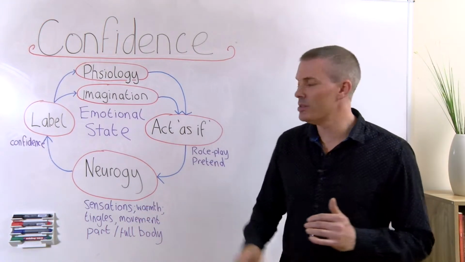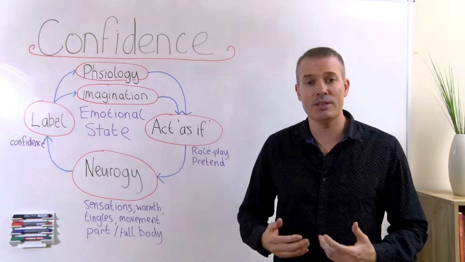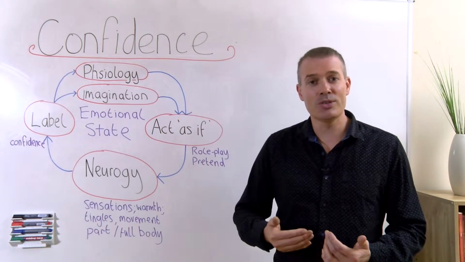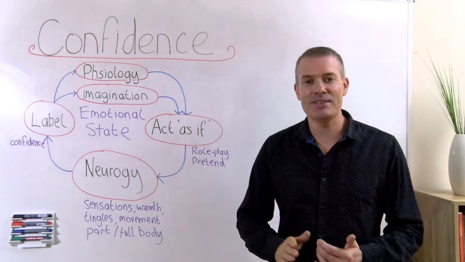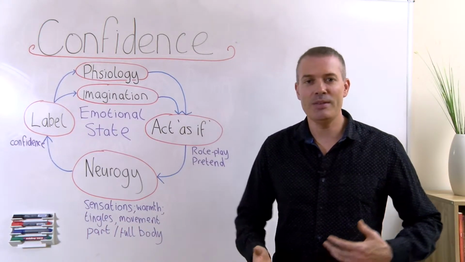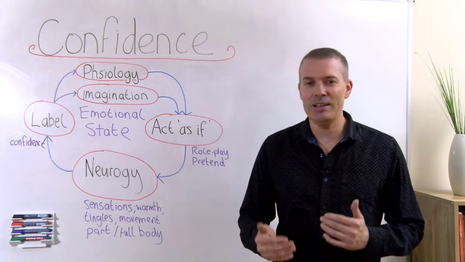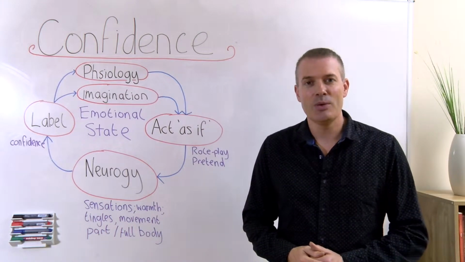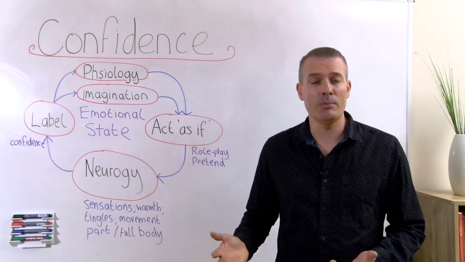But I think the key thing is the more that you deliberately use your imagination and your physiology to create these feelings of confidence, generally the brain starts to learn and it goes, oh, that's pleasant, I like that, that's useful, and it tends to move towards it. The brain, the mind, the body, they are functional devices. And there seems to be this inbuilt mechanism for being a human being, I guess, where we tend to move towards easier solutions, whatever they might be.